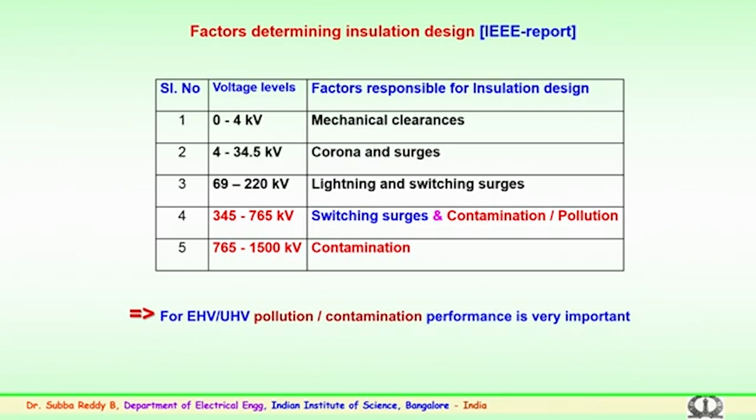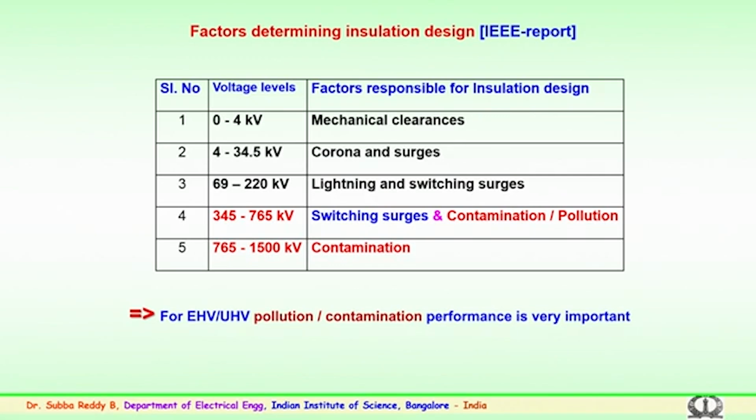Very important, this gives us the idea of the factors which determine the design of insulation. For voltage levels lesser than 4 kilovolts, we have to look into the mechanical clearances from the ground, and the towers being used have to be looked into for mechanical clearances. Below 4 kilovolts, lightning and switching surges do not play much of a role.